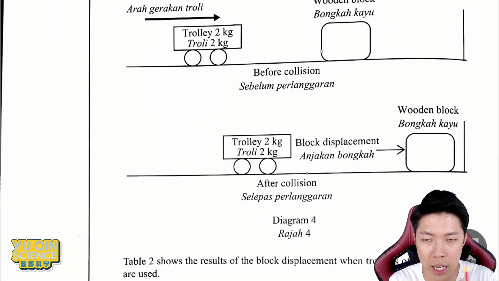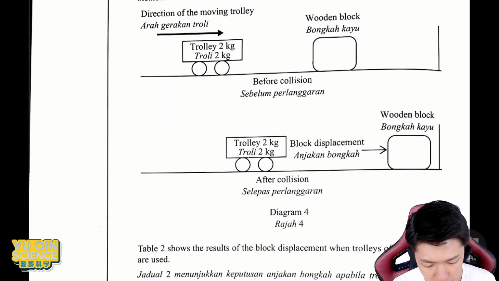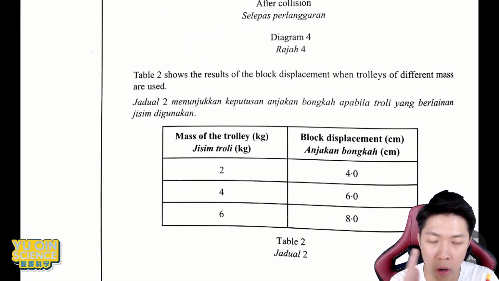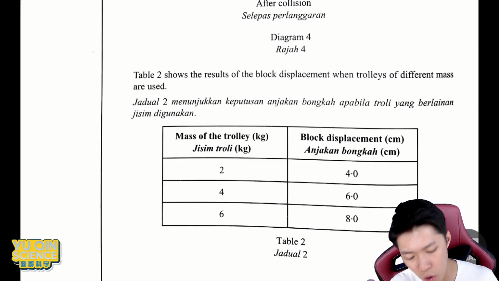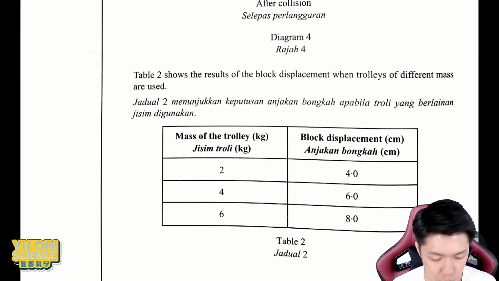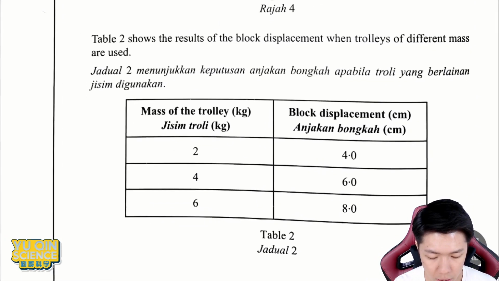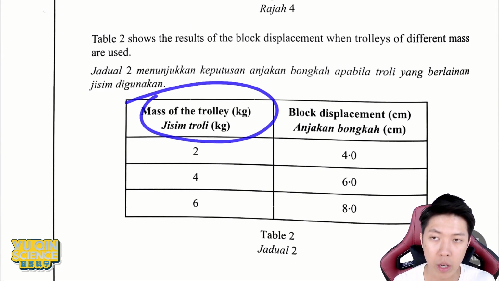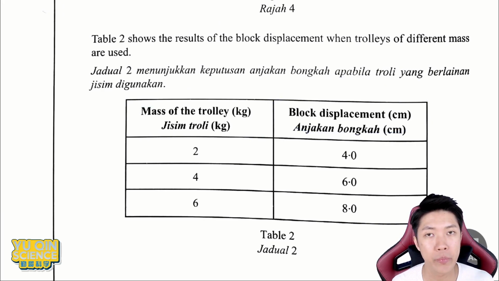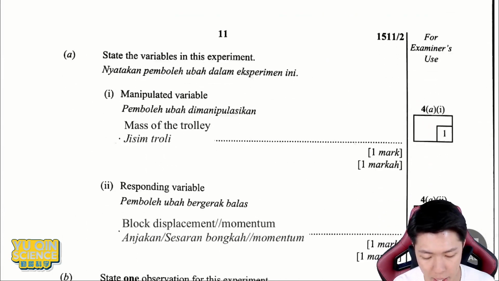When you get hit, things are being pushed away. Okay, the table below shows the result of block displacement with different mass. So we try out 2 kg, boom, 4 kg, boom, 6 kg, boom. Okay, further. So that's actually the factor that is affecting, which is your manipulated variable, mass of the trolley, and this will be your responding variable. Okay, very straightforward. Okay, next one.